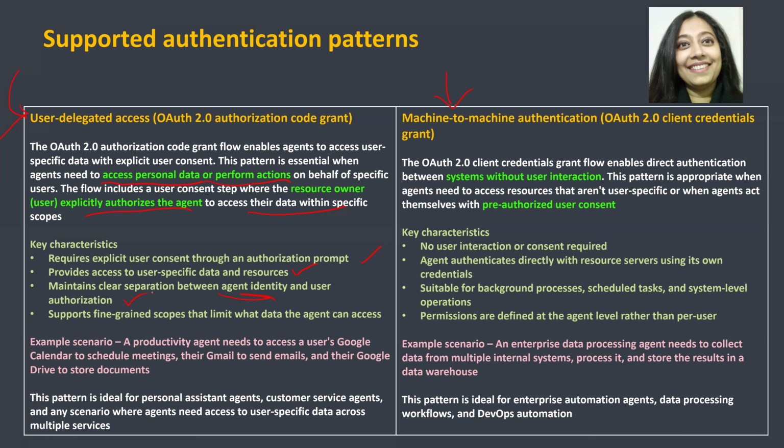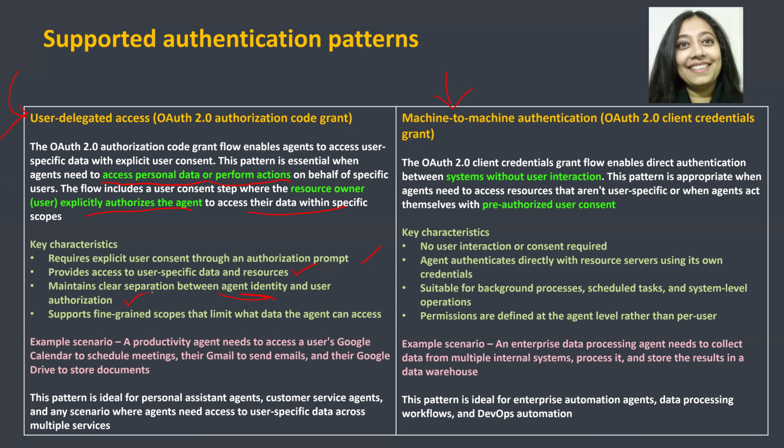In very simple words, there is a human in the loop over here, and the user is deciding whether the agent can access this information, yes or no. It could go either way. If the user authorizes, the agent will be able to access that information or perform that action. If the user does not, then the agent cannot do anything.